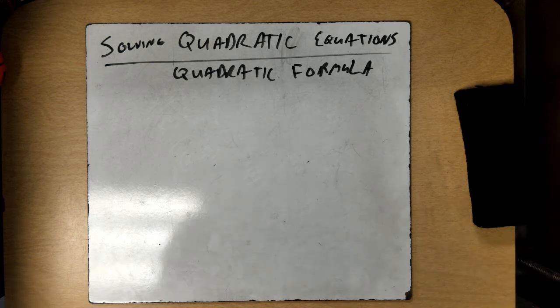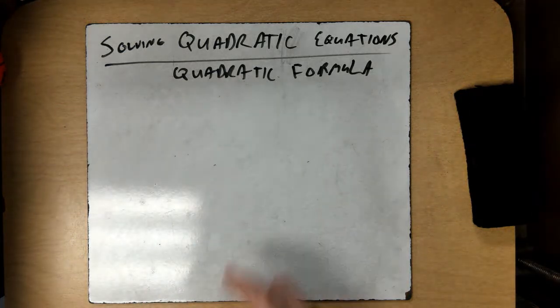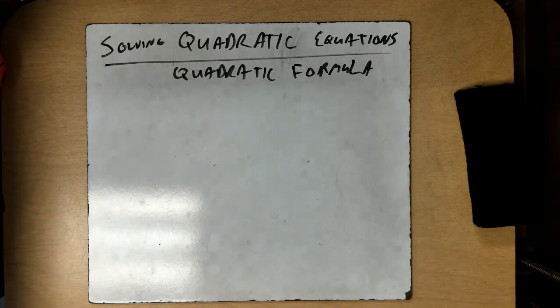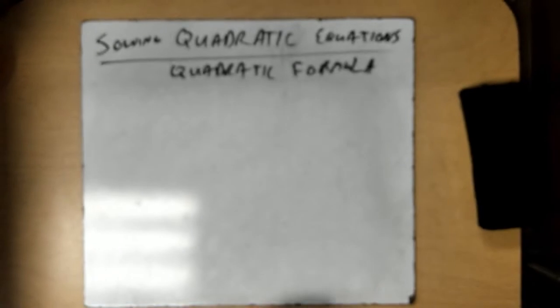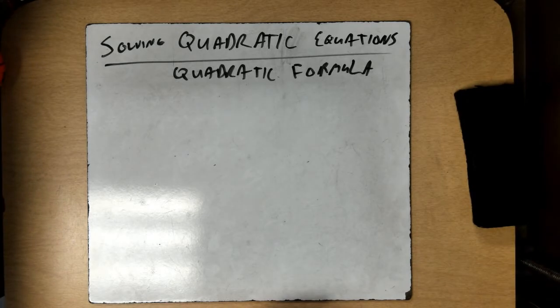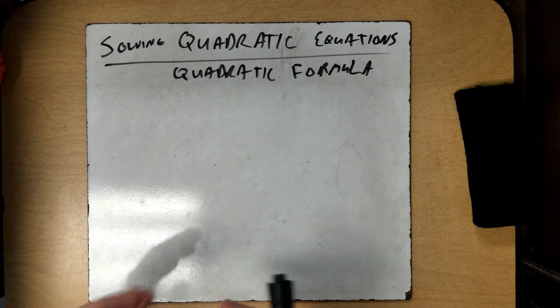Alright, today's topic is about solving quadratic equations by using the quadratic formula. In the last lesson we talked about solving quadratic equations by completing the square, in which we were basically taking our quadratic and factoring it out that way.